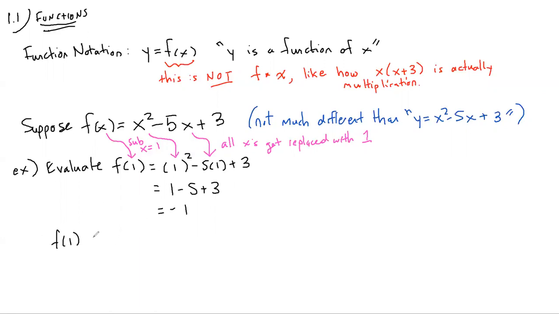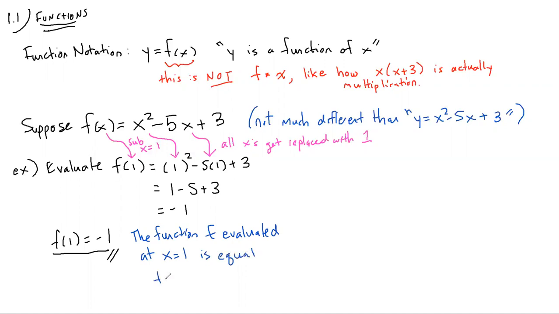I'm going to rewrite this to make it very clear what this statement is saying. It's not f times 1, remember. What this is actually stating is the function f evaluated at 1, or you can say x equals 1, is equal to negative 1.